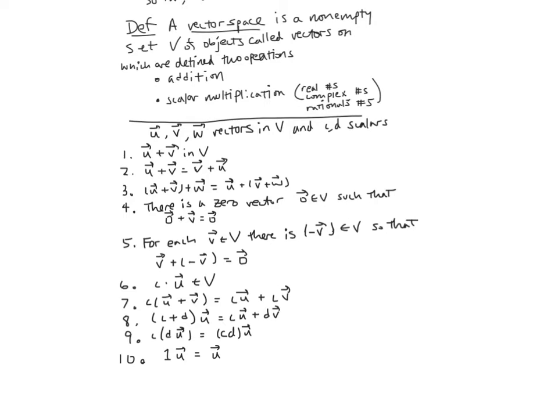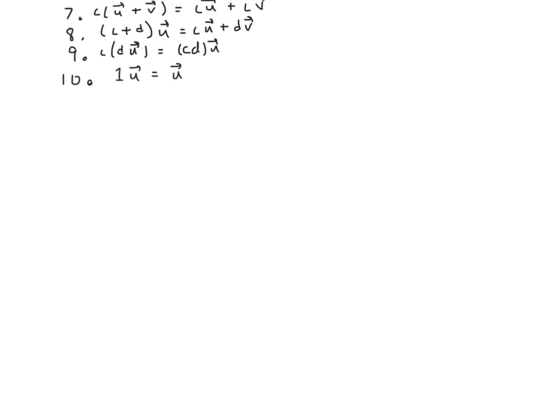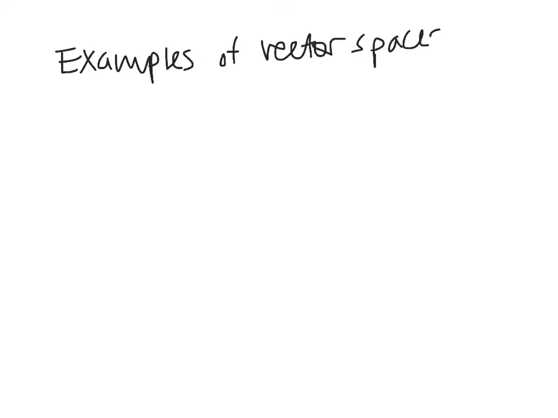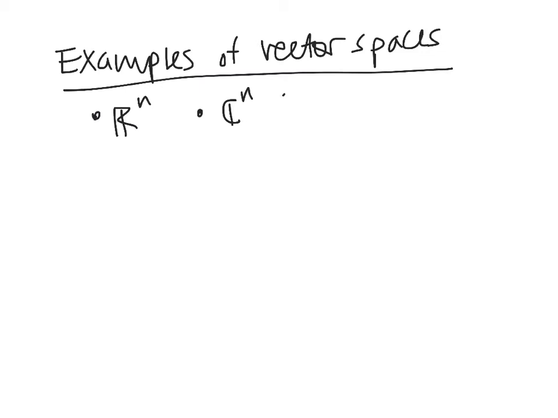And we're going to give you some examples of vector spaces. You need some examples to know that they are very much like what you've been dealing with so far. Okay, so you already know about the real numbers, but you could also have the complex numbers raised to the nth power.